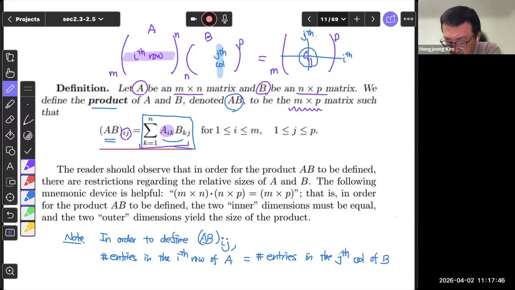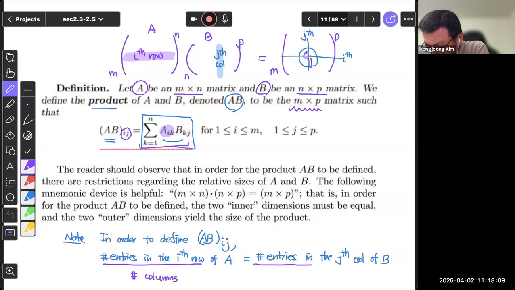The number of entries in the ith row of A is the number of columns, and the number of entries in the jth column of B is just the number of rows of the B matrix.